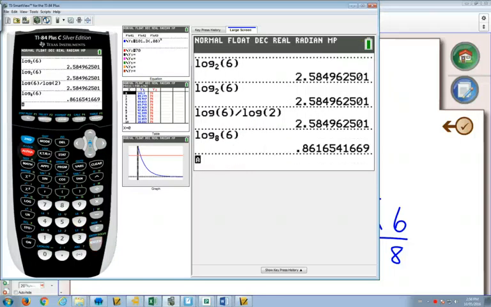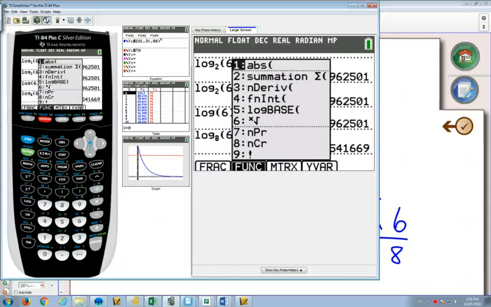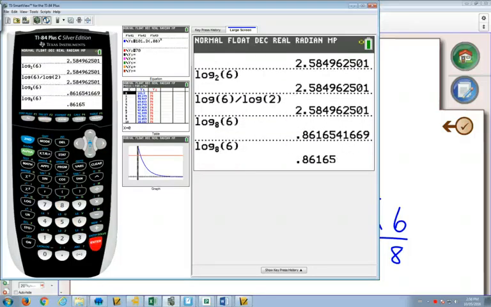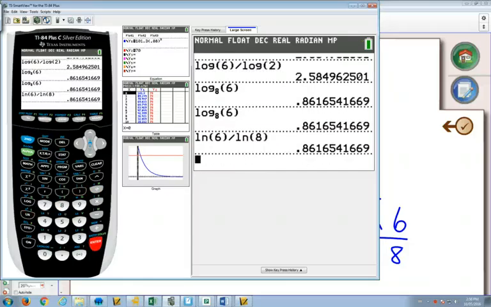Or you can do the shortcut by going alpha y equals, go over to function, and then it's number 5 there, log 8 of 6. But you can also do natural log of 6 divided by natural log of 8 and get the same answer. You can choose either one. They'll all work, yeah.